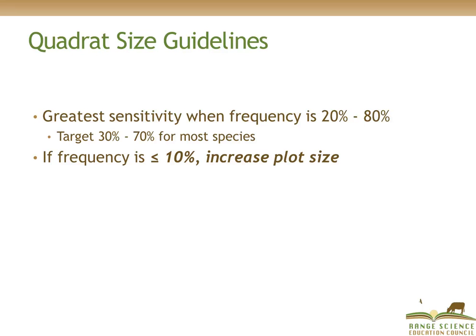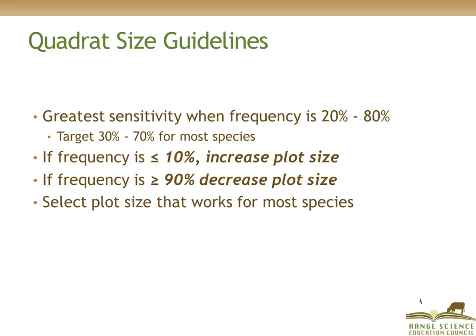In general, if we find that our frequency measurements are below 10%, we need to increase the plot size that we use. On the other hand, if frequency measurements are greater than 90%, we need to decrease the plot sizes. We select the plot size that works best for most species, and I need to reiterate, when I say plot, I'm also meaning quadrat.